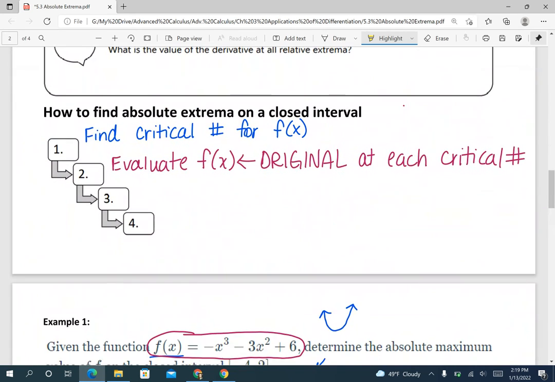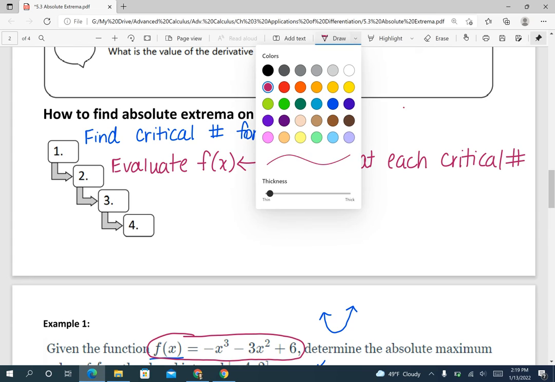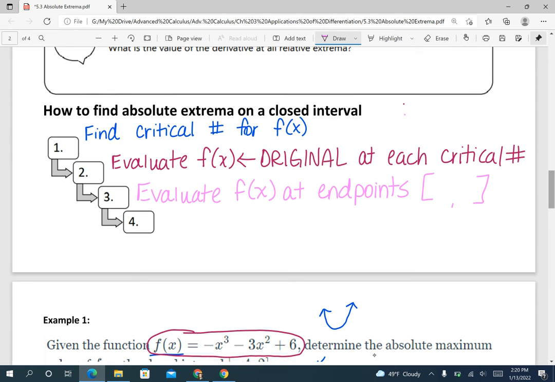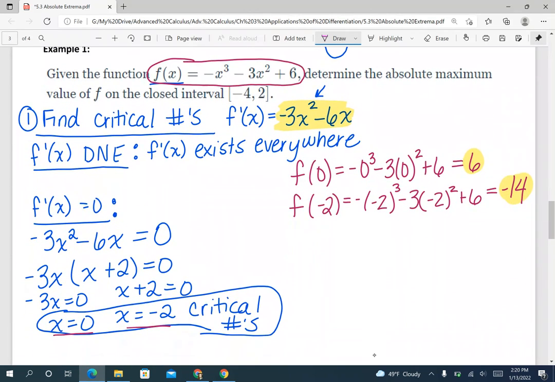Okay, step 3. Let's go. I'm going to evaluate, again, the original function, f of x, at the endpoints. And the endpoints are the numbers in the bracket that you'll see in the problem. So in this problem, these are my endpoints right here.